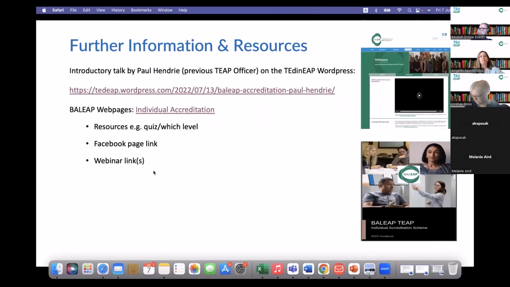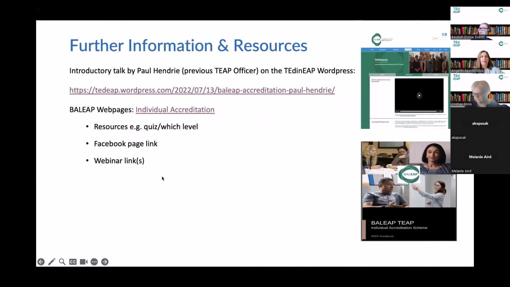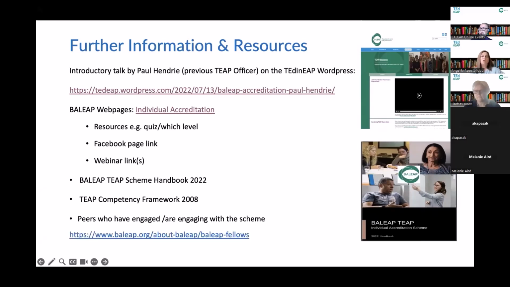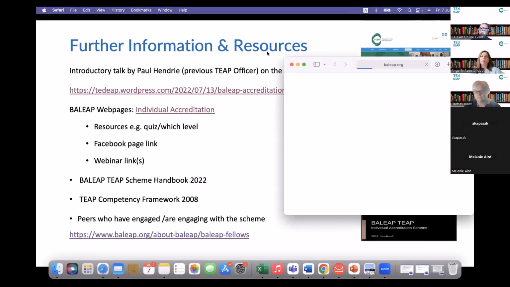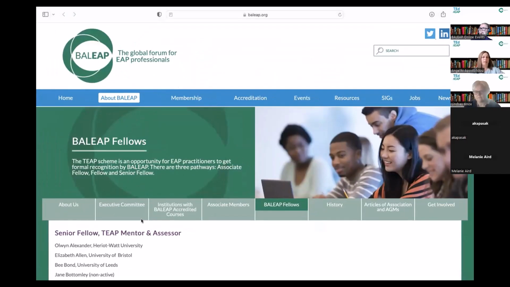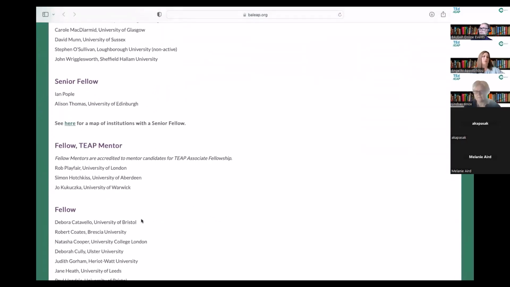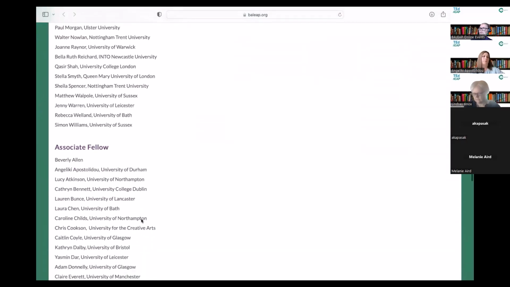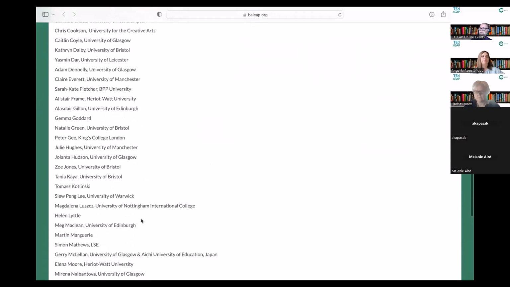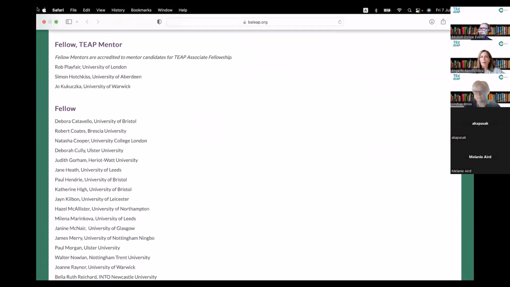You can have a look at materials and find the scheme handbook as well as the competency framework with the criteria. Also, you can find a list of people who have been accredited for each pathway, senior fellow, fellow, or associate fellow. The list is quite long.